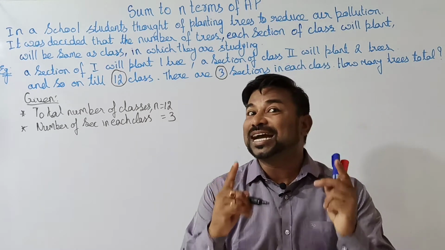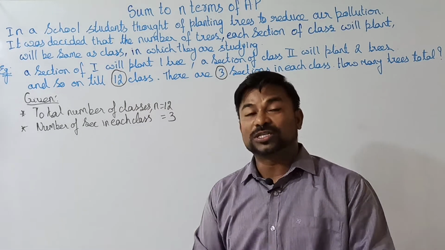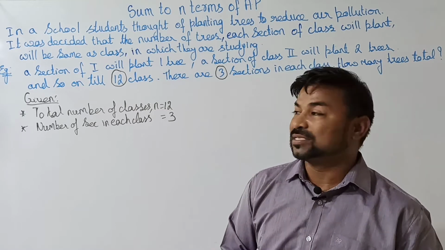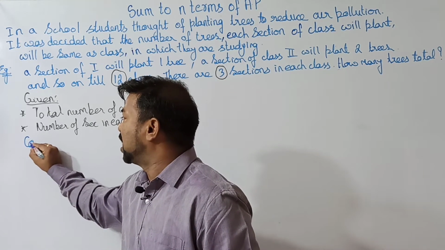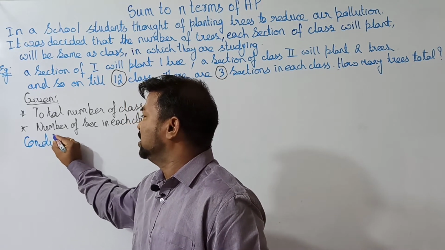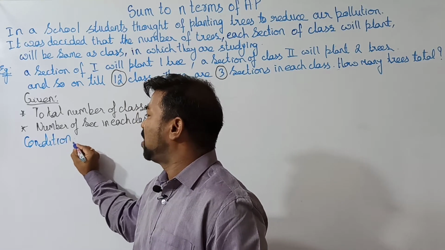Now what is the condition? According to the question, what is the condition they laid by themselves? The condition is the number of plants they plant.